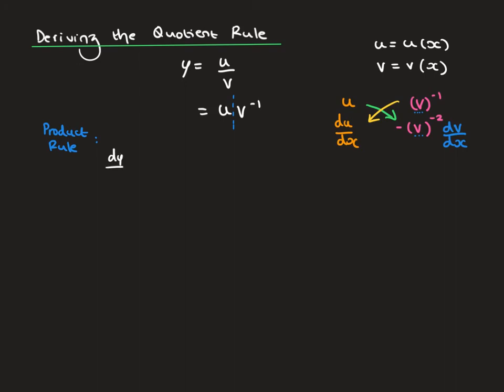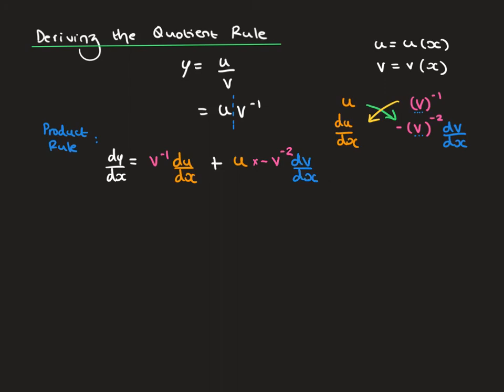So the product rule tells me that dy by dx would be equal to v to the negative 1 multiplied by du by dx, and then add u multiplied by negative v to the negative 2 multiplied by this dv by dx.